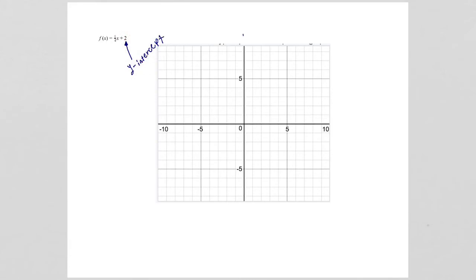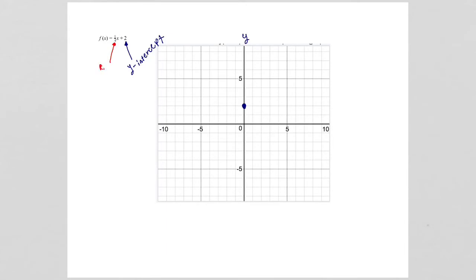So we have to look at the y-axis, which is this vertical line here. And now we have to look for +2, and +2 is right there. So let's make a point indicating where the line is going to cross. Now we make use of the slope, which is the number attached to the x variable.